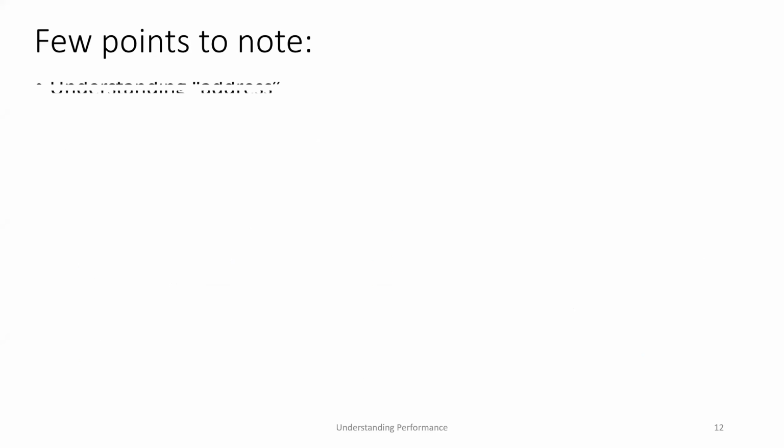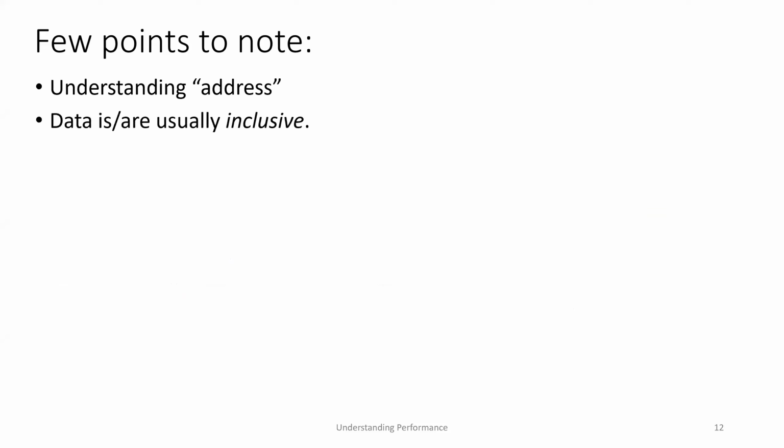Okay. Now, quickly before we dive in, a few points to note. Address is anything that is helping us refer to a location, okay, in the memory. So even if we try to visualize the data being stored as a matrix, right?